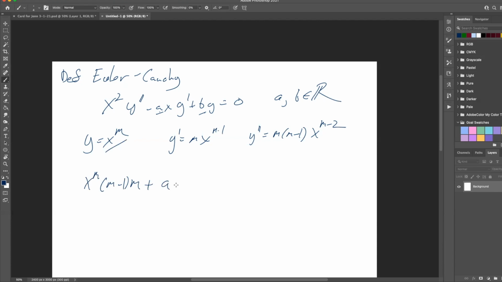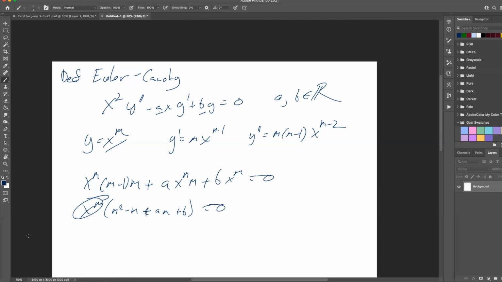Then I'll have plus a times x times x to the m minus 1, which gives me x to the m times m, and here if I plug in for y, I'll just get b x to the m equal to 0. So notice I have x to the m and all this mess. So I have m squared minus m plus a m plus b. That's a plus, sorry. Is equal to 0.